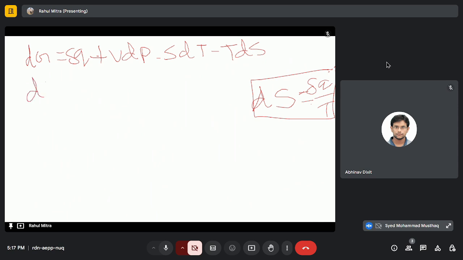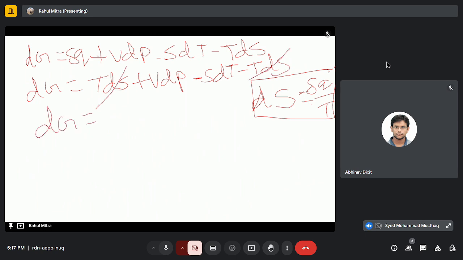So dG equals delta Q, which is T dS, plus V dP minus S dT minus T dS. T dS gets cancelled, so we have dG equals V dP minus S dT. So this is the free energy change.